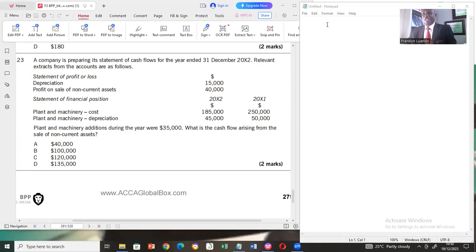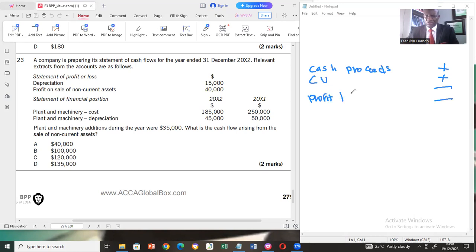I want you to understand that in order to calculate the proceeds, first we compare the cash proceeds from the sale with the carrying value of the property sold, and then we have a profit or loss.